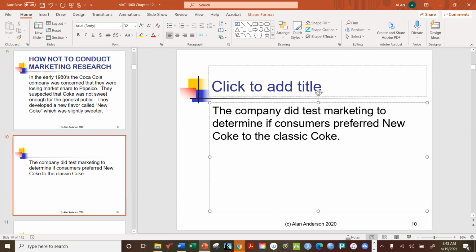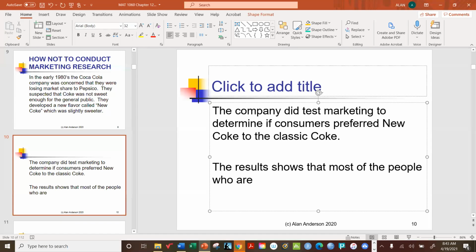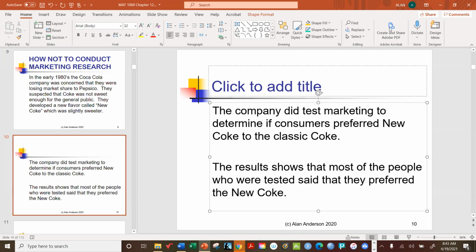Now, here's the interesting result. The results showed that, I don't remember the exact percentages, but most of the people who were tested said that they preferred the New Coke because they liked the sweetness.